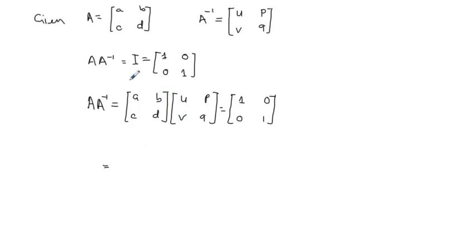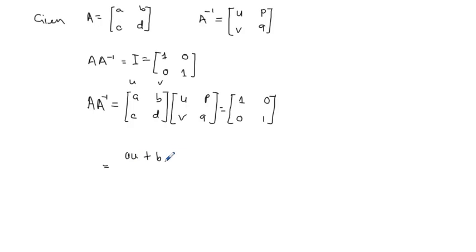So we have AU plus BV, CU plus DV. That's the first column of that matrix.